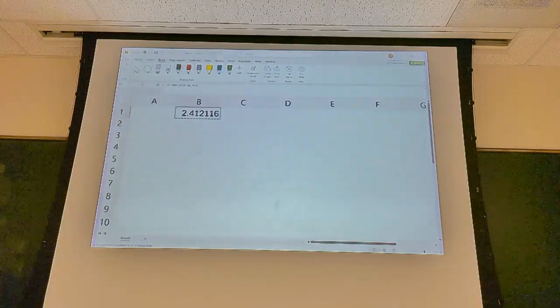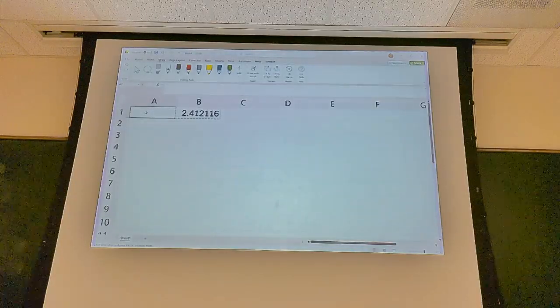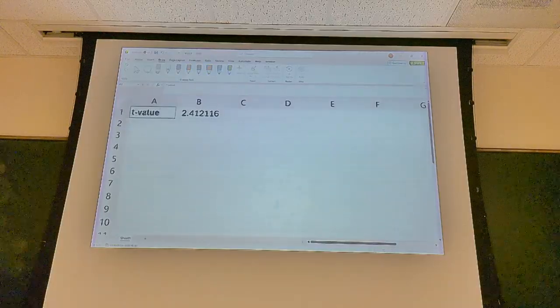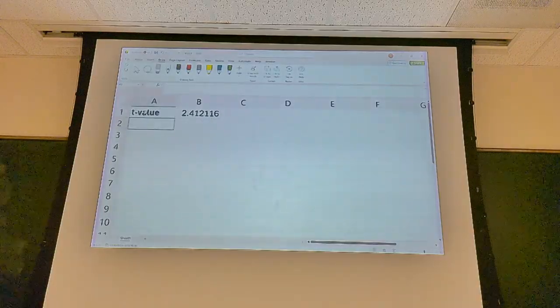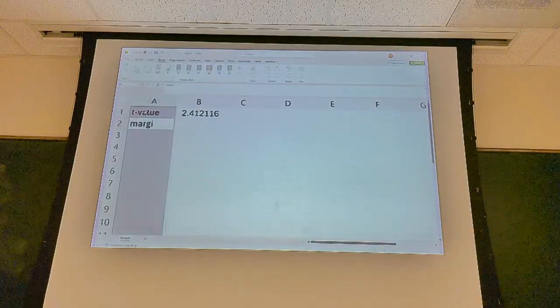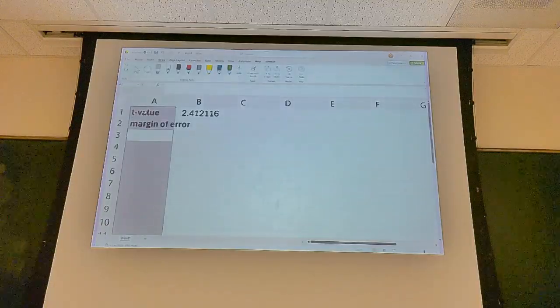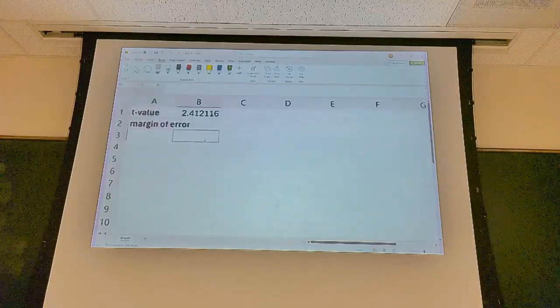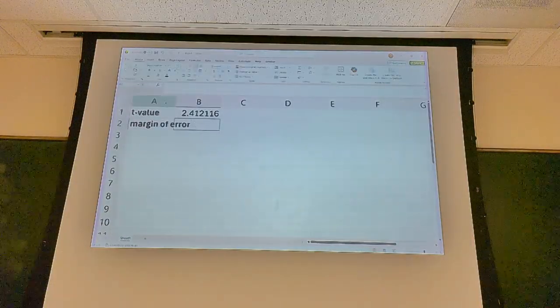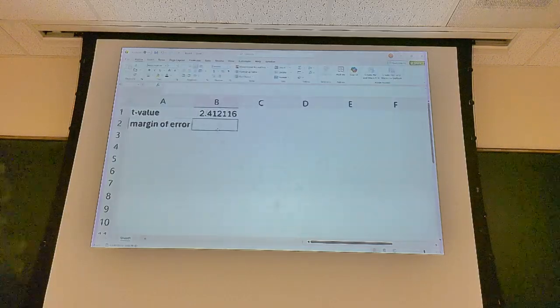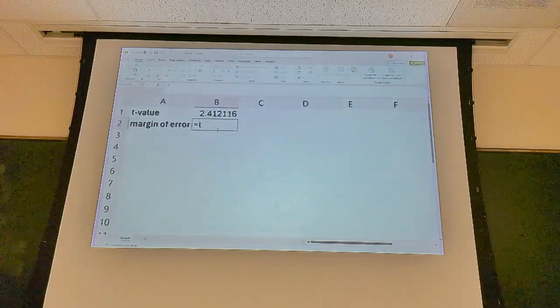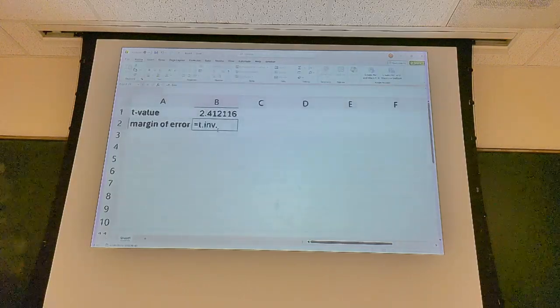To find the margin of error, you're actually going to want the t-value, right?